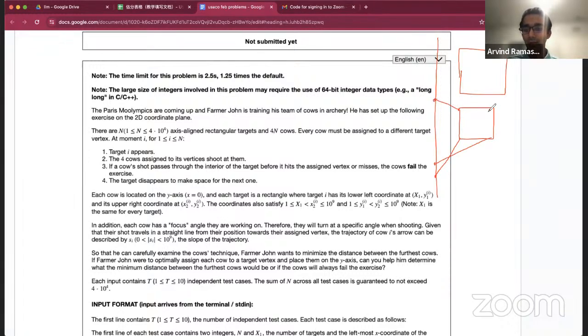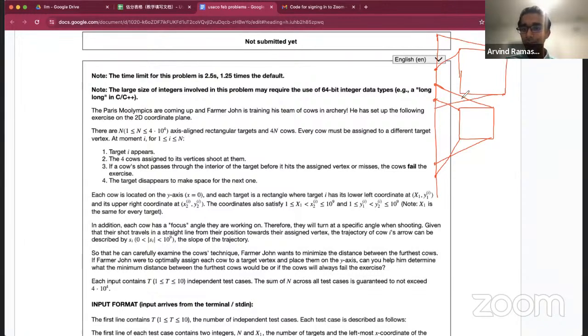The cow is not allowed to pass through the interior of the rectangle that it's hitting. So if the beam is like this, it'll hit the interior, so that's not allowed. Each cow has some slope with which it hits the target.